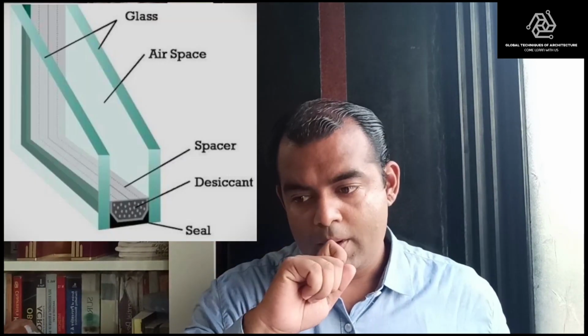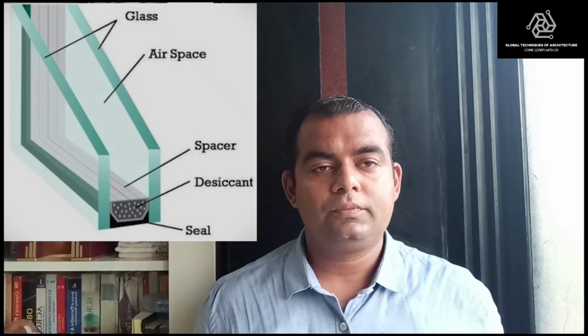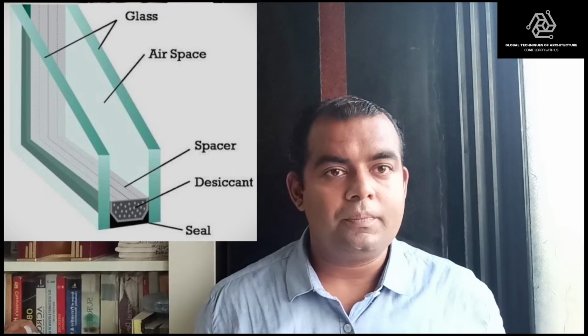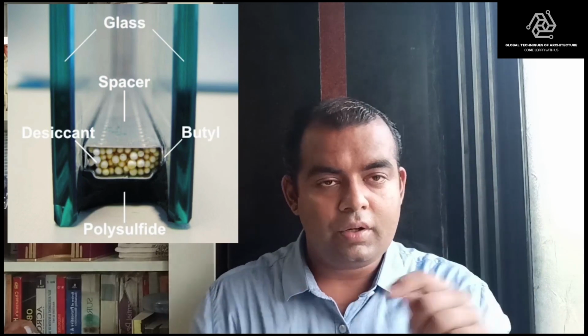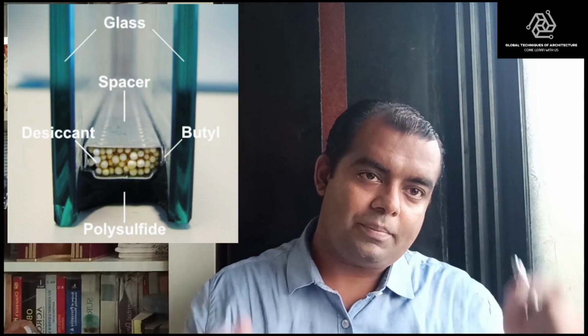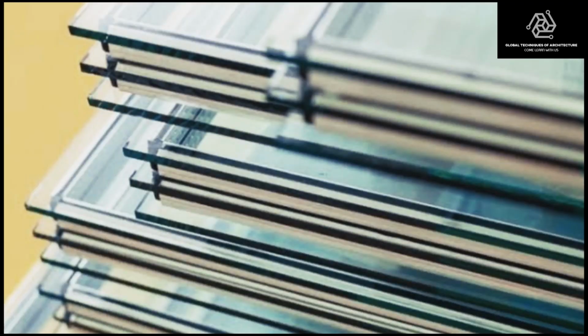If you refer to this picture, it clearly shows two glass panels stuck together with an air gap between them, and a desiccant filled into the cavity of that gap. This is the end product that we get to see as a DGU.